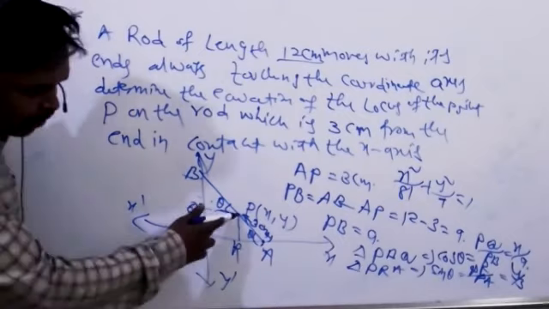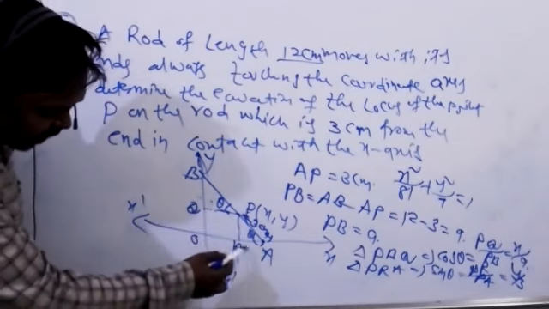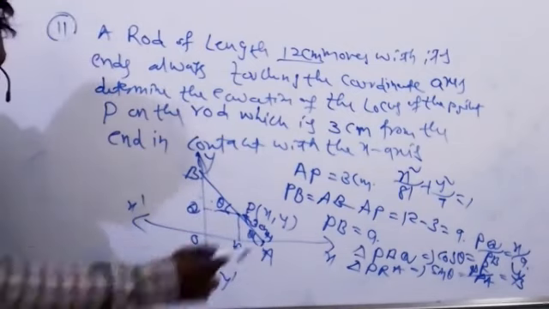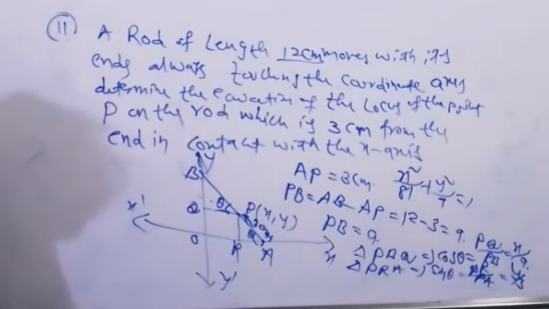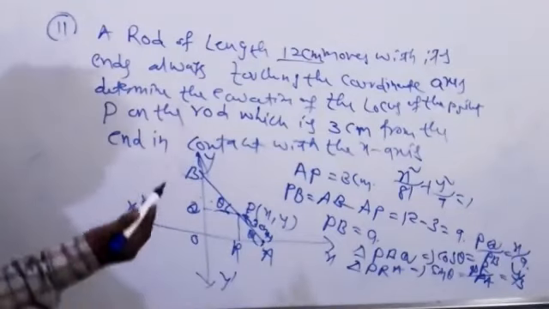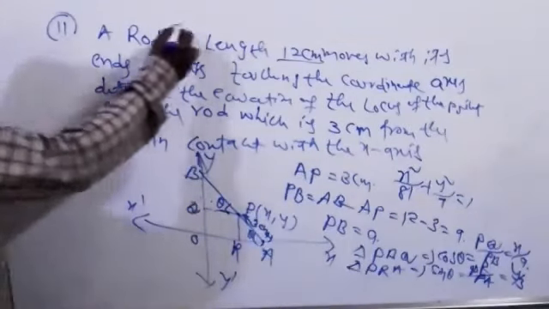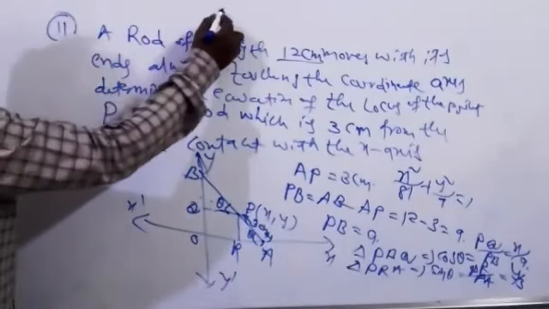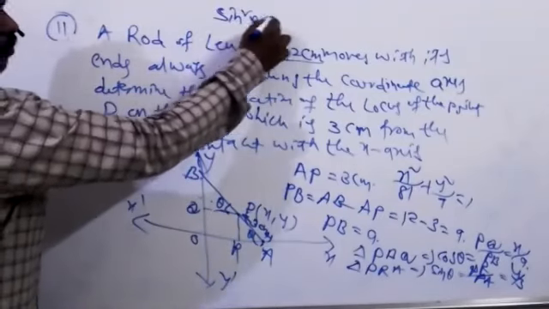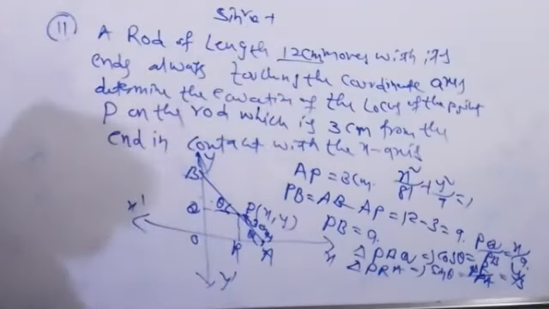Then triangle PRA, sin theta is equal to PR by PA, which is y by 3. Then since identity, PQ became x.